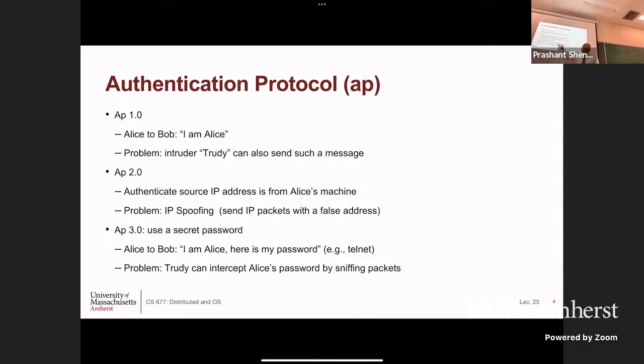So the most common approach, of course, is to use a password. If I say I'm Alice, then Bob, in this case a machine, will say, okay, give me your password. Then you can enter a password. Now, often this is not good in itself, because if your password is going in clear text over the network, somebody can intercept it.